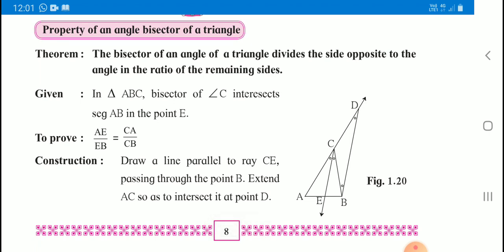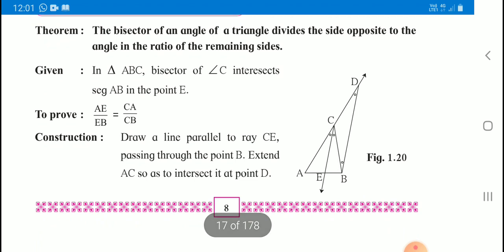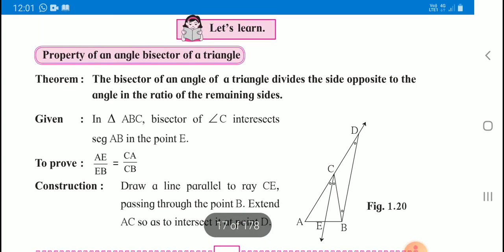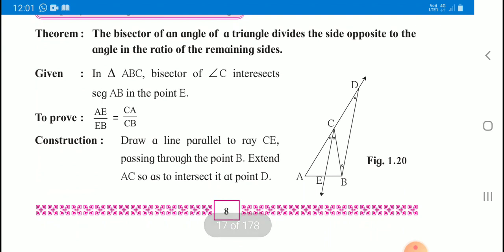Here they have given triangle ABC. In triangle ABC, the bisector of angle C intersects segment AB in the point E. Therefore, we have to prove that AE upon EB is equal to CA upon CB. This is known as the angle bisector theorem.